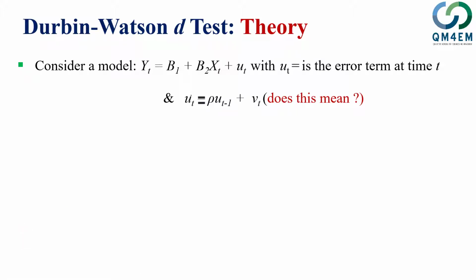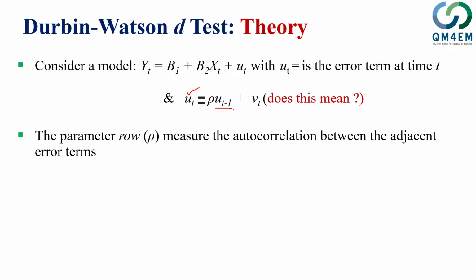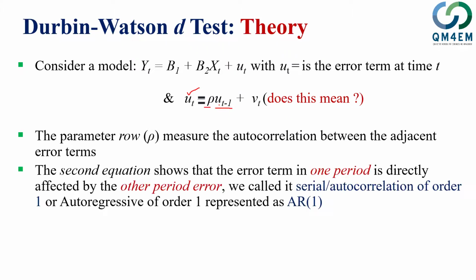We call this parameter rho, as we already discussed, the measure of autocorrelation between the error term and its adjacent error term, or the previous period error term. You should know that this equation 2 shows the autocorrelation of order 1, which is called the AR1 process in terms of autocorrelation terminology.